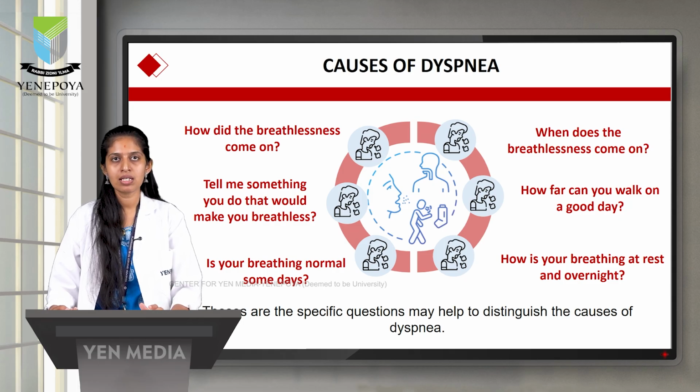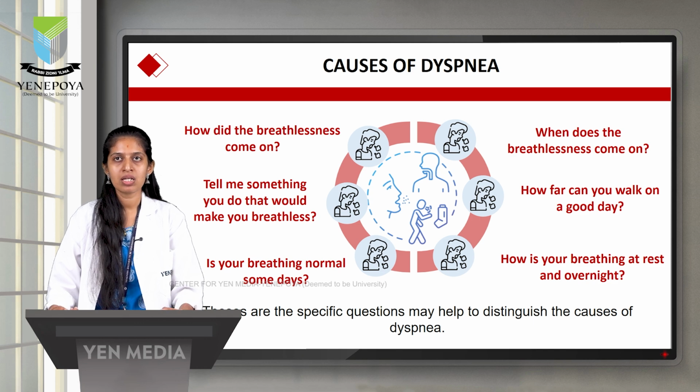You have to understand the level of onset, whether it is sudden, insidious, or within hours or days that the patient is developing this dyspnea. That's where you will get to know by asking this particular question, how did the breathlessness come on?